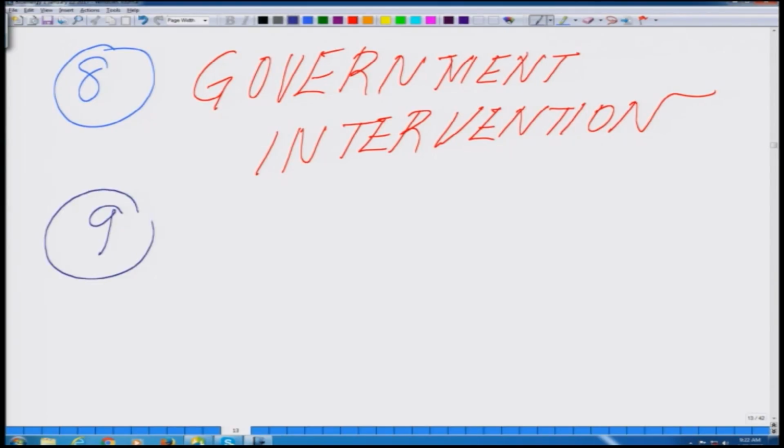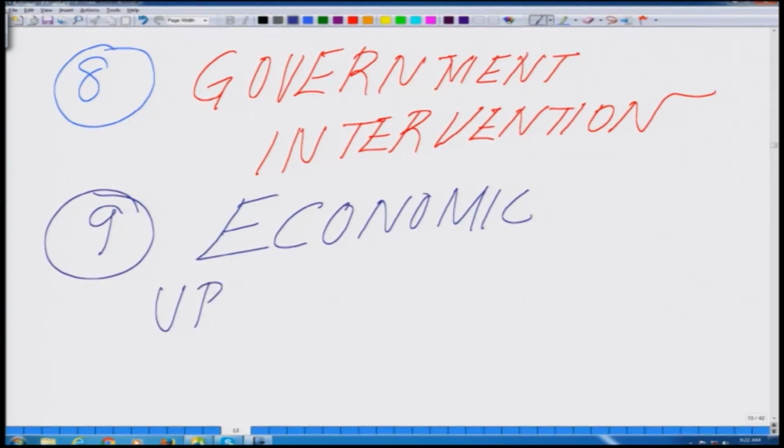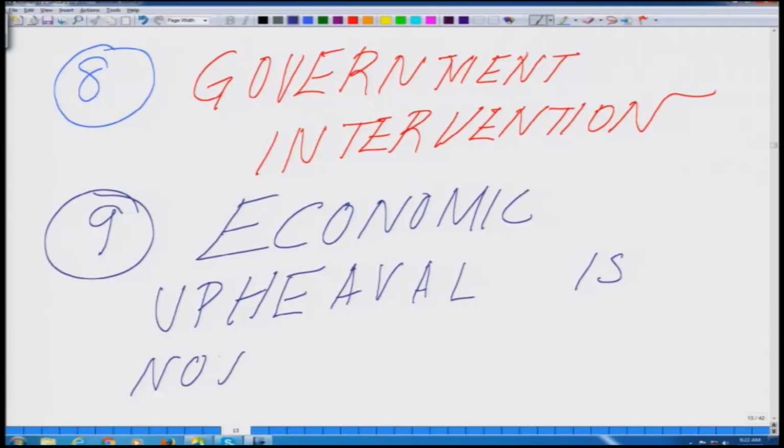The next point, what the Hirsch report very clearly says, is that economic upheaval is not inevitable.